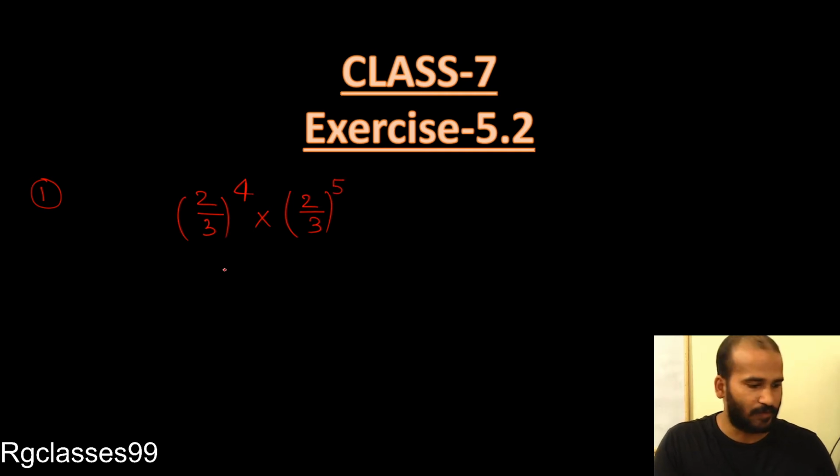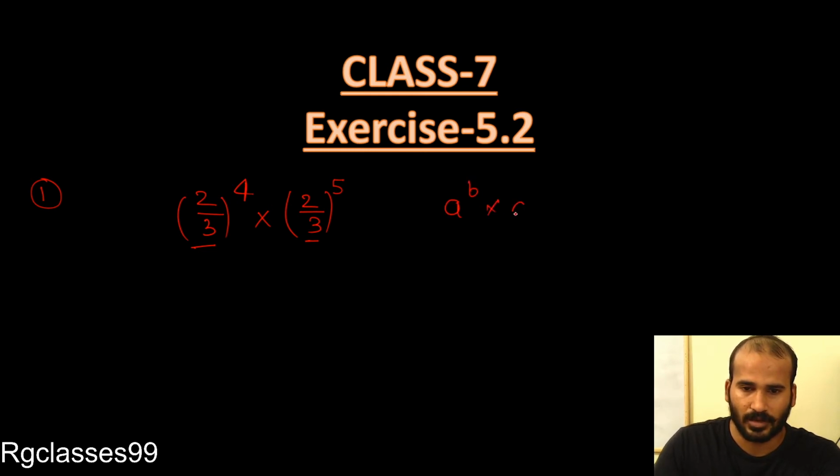So here we have to find the value of the following in exponent form. Okay, just look here. If you consider these two terms, (2/3)^4 and (2/3)^5, the bases are the same. We know the law of exponents: a^b into a^c gives a^(b+c).